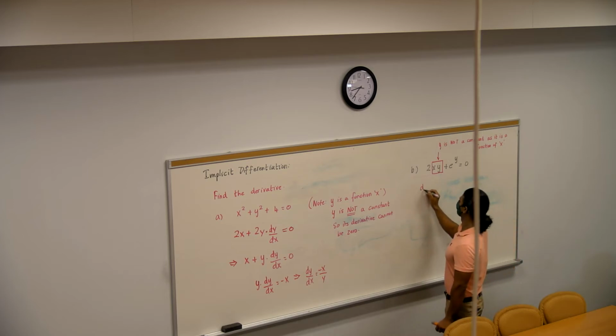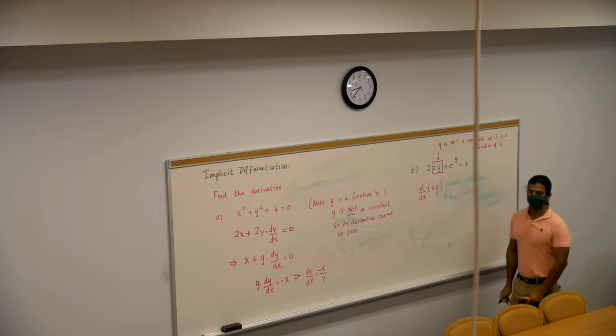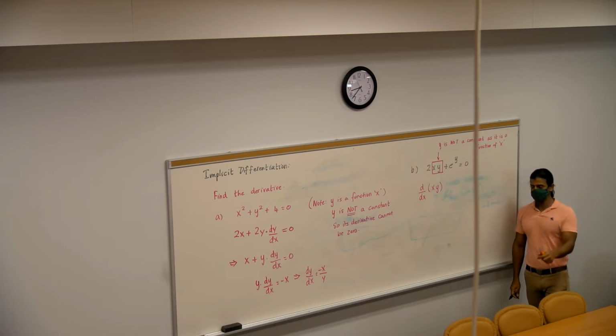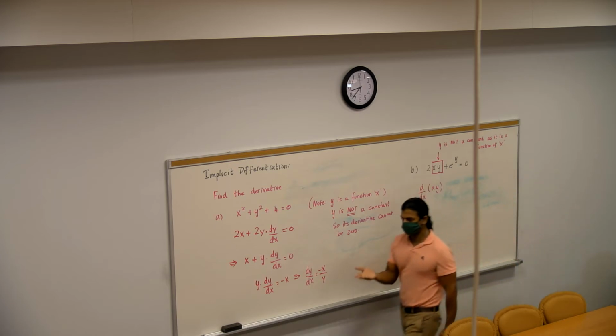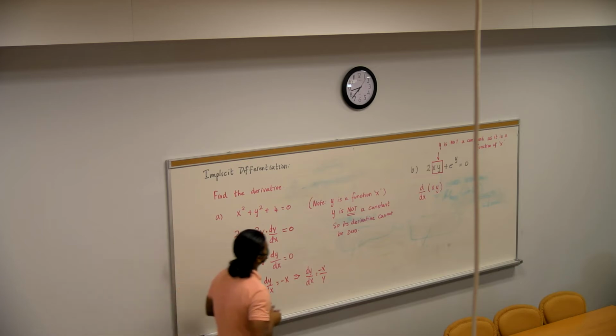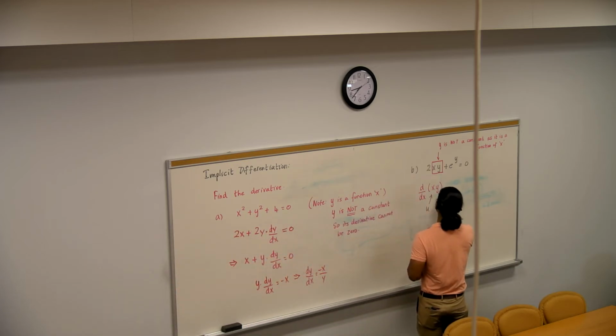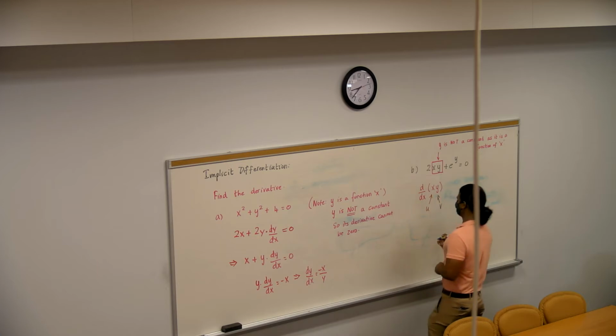So the derivative of x times y, we have to use product rule. I'll call x as u and y as v. So we have uv.